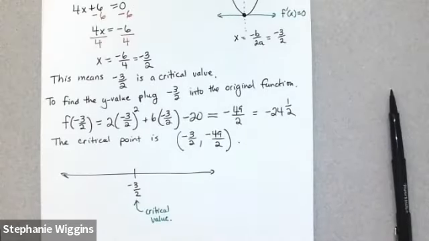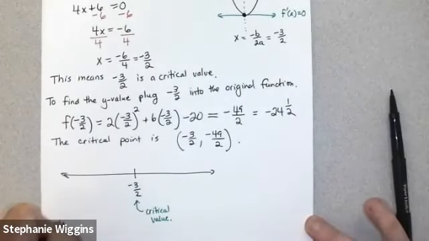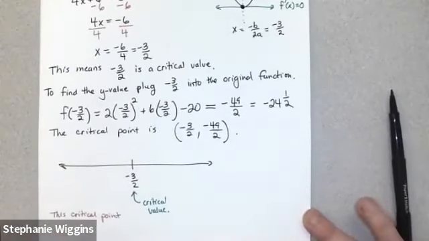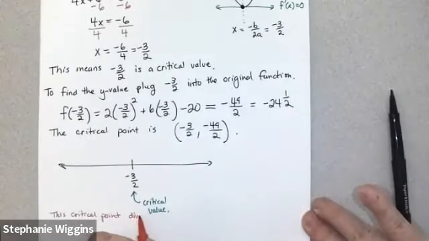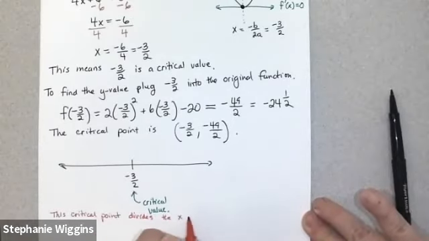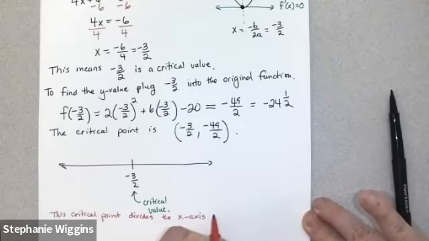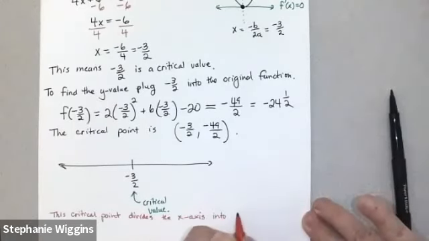So I'm going to write this down because you're going to need to revisit this to understand what's happening. This critical point divides the x-axis into two intervals.